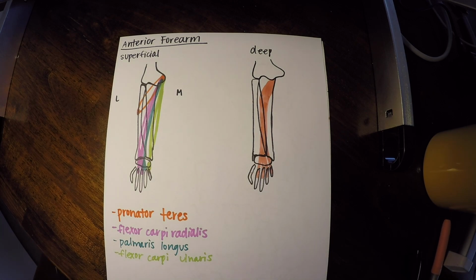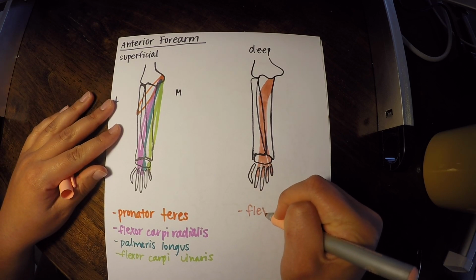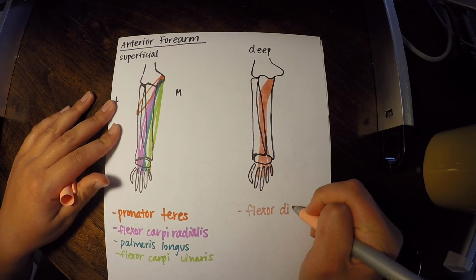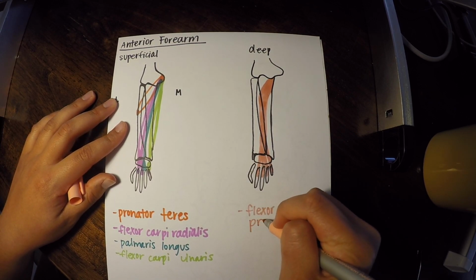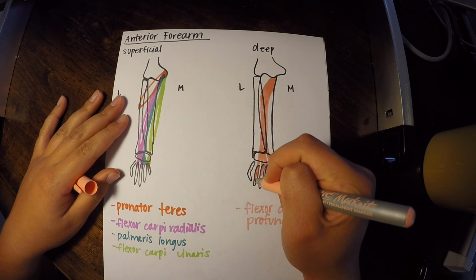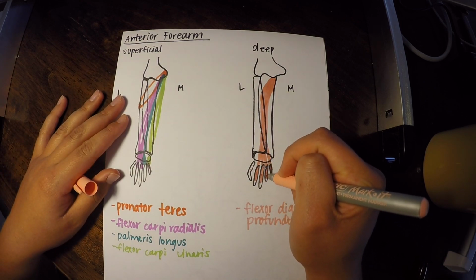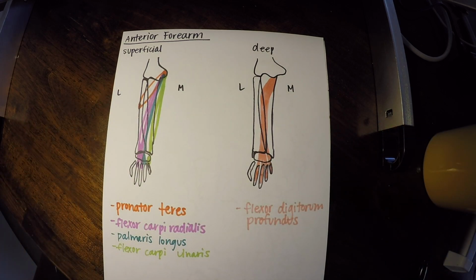Now, let's write the name out. Flexor Digitorum Profundus. Flexor Digitorum Profundus is actually going to flex the digits at the DIP joints, the distal interphalangeal joints.